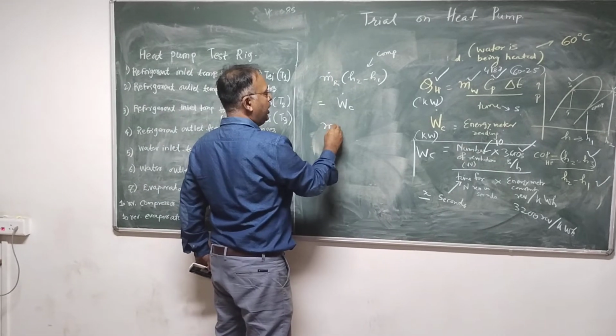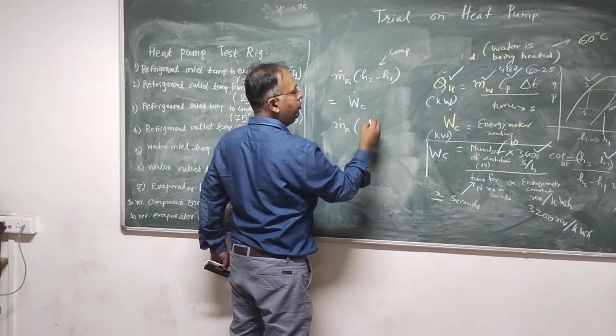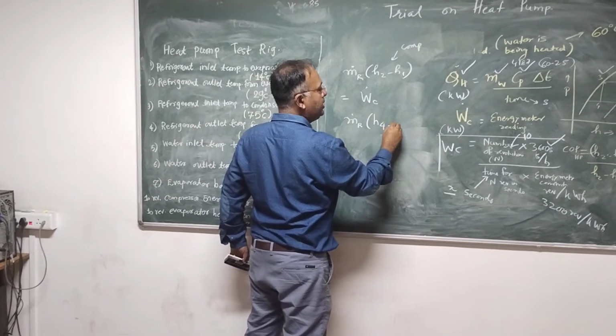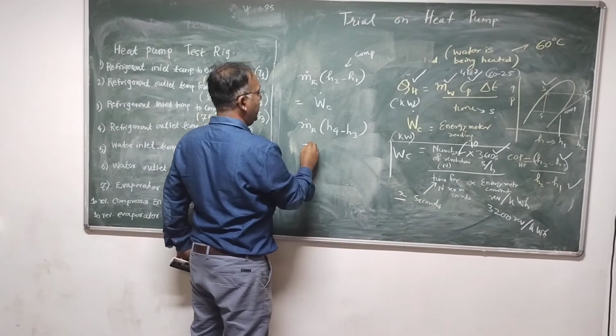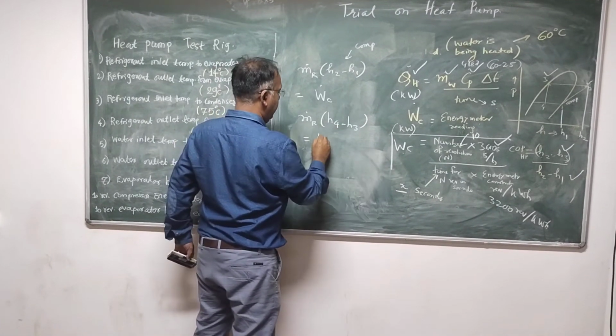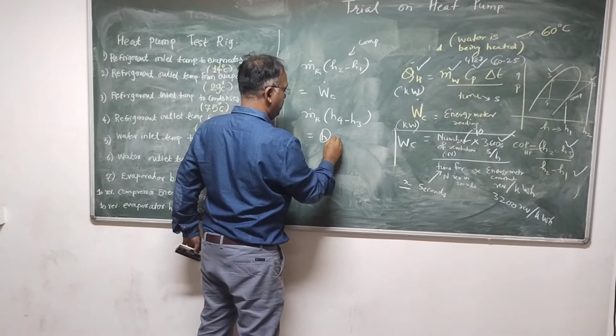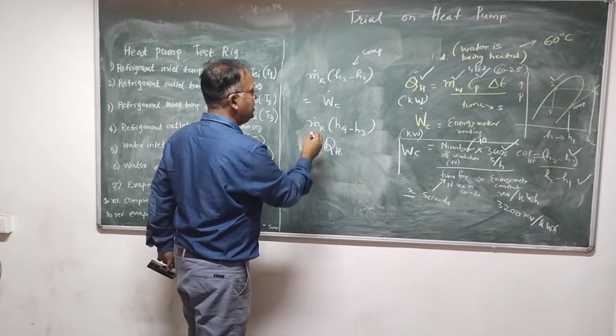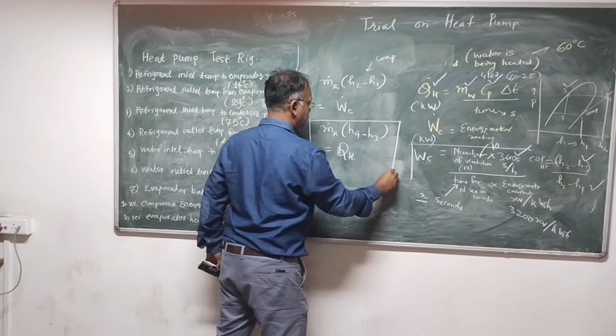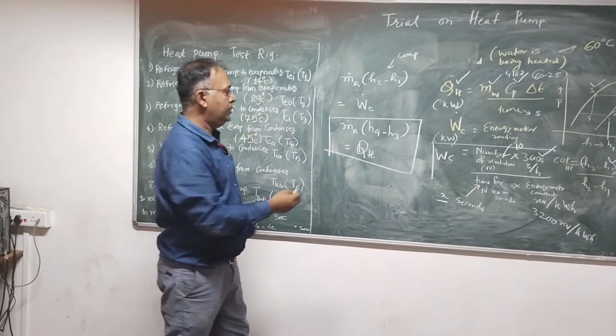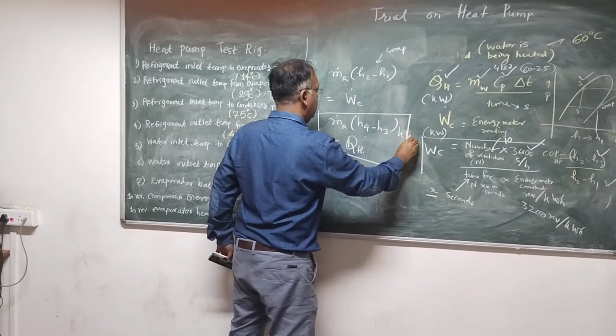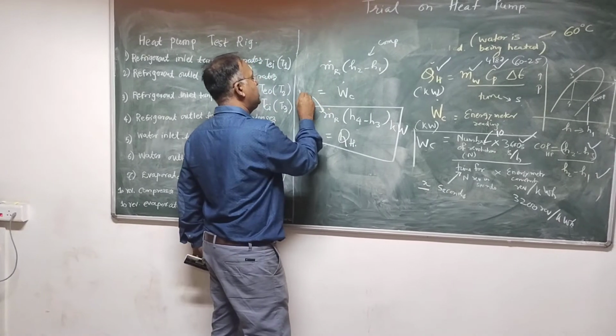And if I multiply the mass flow rate of the refrigerant with the difference between the enthalpies across the condenser, that becomes my heating effect, QH. So this becomes the capacity of the heat pump. The answer would be in kilowatts if your mass flow rate is in kgs per second.